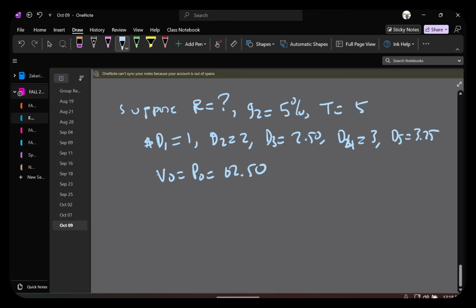The stock is trading at 62.5. I know the first five dividends, 1, 2.50, 3, and 3.25. And after that, it's going to grow at 5%. What discount rate is going to give me that 62.5?